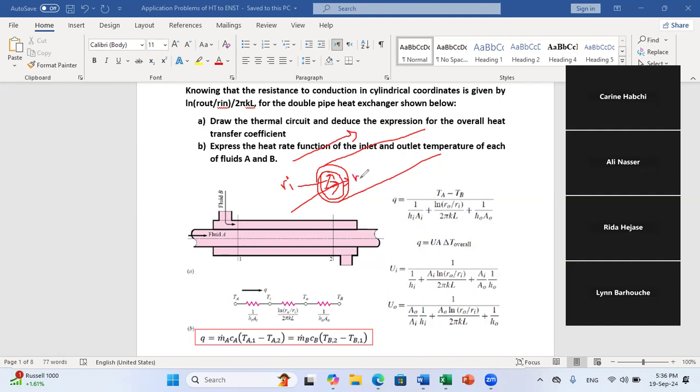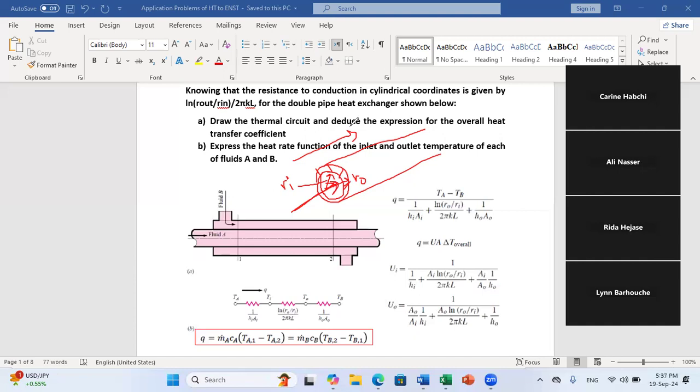So within the tube, heat is transferred through the tube thickness by conduction, while from the inner side you have a fluid moving, so heat is transferred to the tube by convection, and from the outer side, from the surface to the outer fluid, you have also convection. So that's why, if you want to do the analysis, we have three resistances.